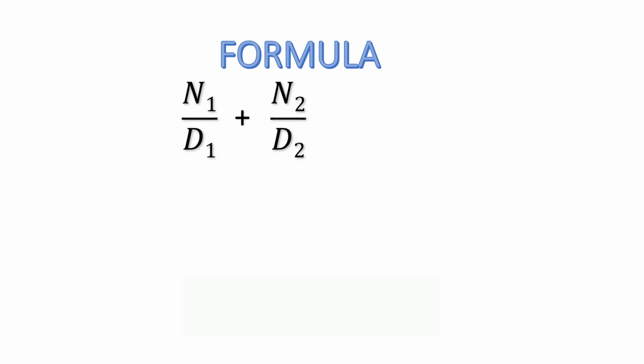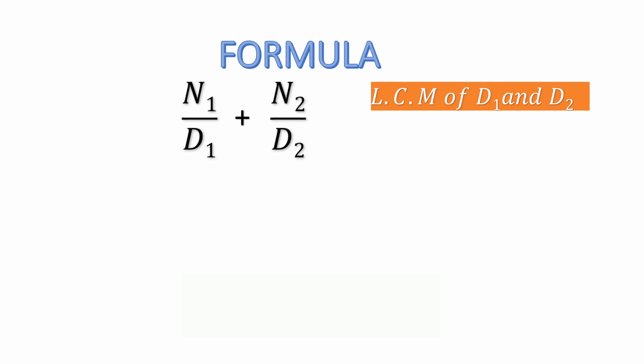If we talk about the formula, if we have two fractions, the first numerator is taken as n1, the first denominator is taken as d1. We have a plus sign over here. It can also be a minus sign. The second numerator is taken as n2 and the second denominator is taken as d2. Now what about the formula? First, we have to find the LCM of d1 and d2, denominator 1 and denominator 2, and we will take the LCM as the common denominator.